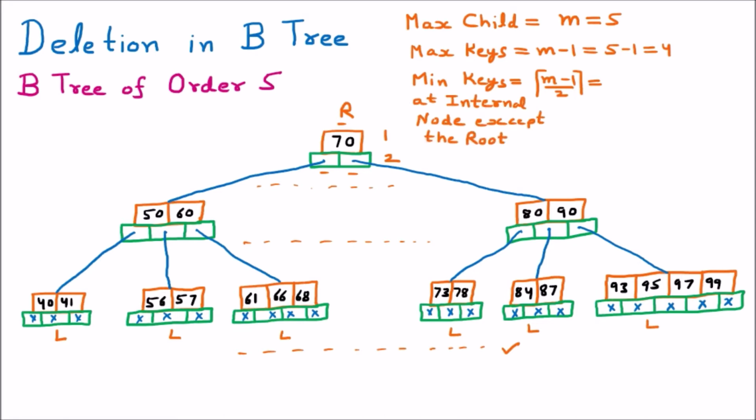We know that the value of M is the order. So order is 5. So ceiling of (5 minus 1) by 2. Now we know that 5 minus 1 is nothing but 4. So ceiling of 4 by 2. If we calculate it, 4 by 2 is 2. Ceiling means upper value. There is no decimal point value, so ceiling of 2 will be 2. That means all the internal nodes here except the root will be having the minimum 2 keys.